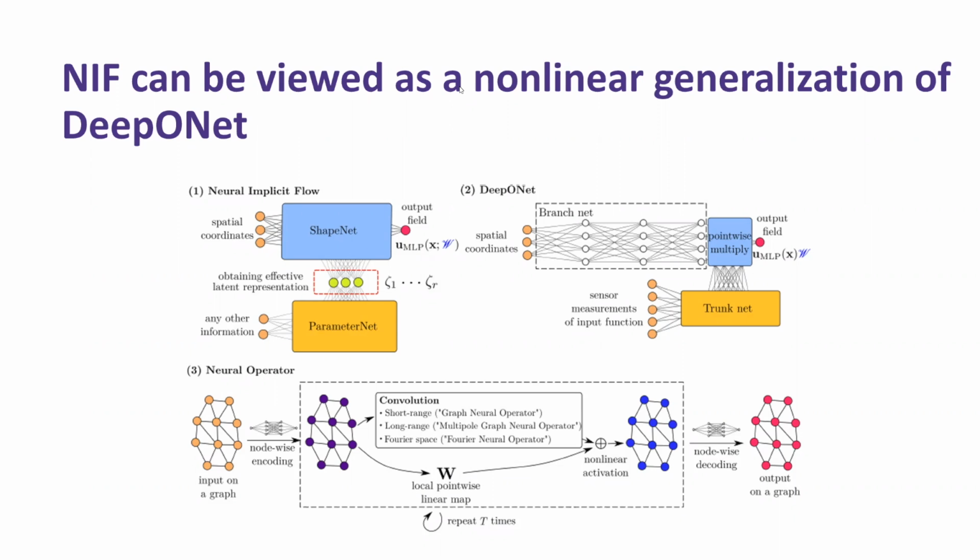That function maps spatial coordinates to some field value like the density or temperature or whatever it is. So there's presumably some modeling bias there. The ShapeNet has finite capacity, and presumably the output of your ParameterNet is smooth in the inputs.